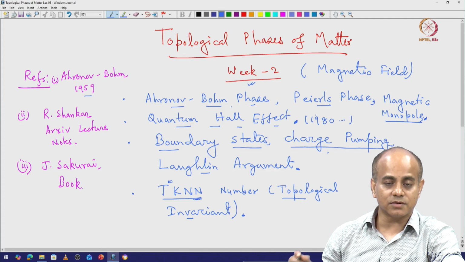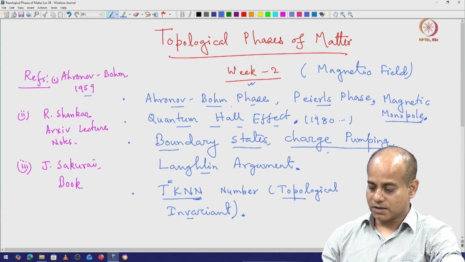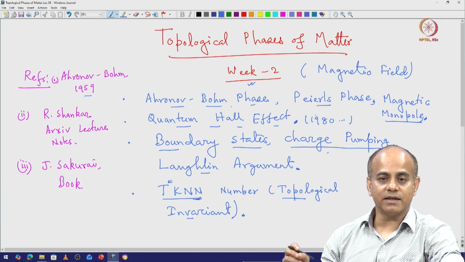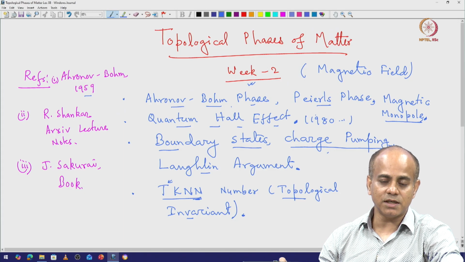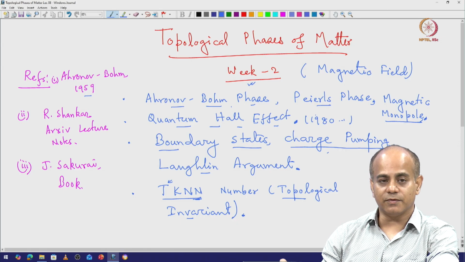And that was kind of the first paper that connected the concept of topology that is involved in the quantum Hall effect.